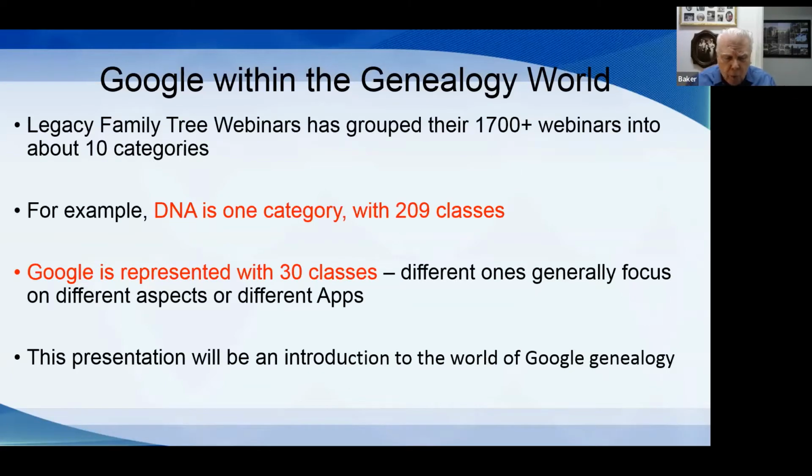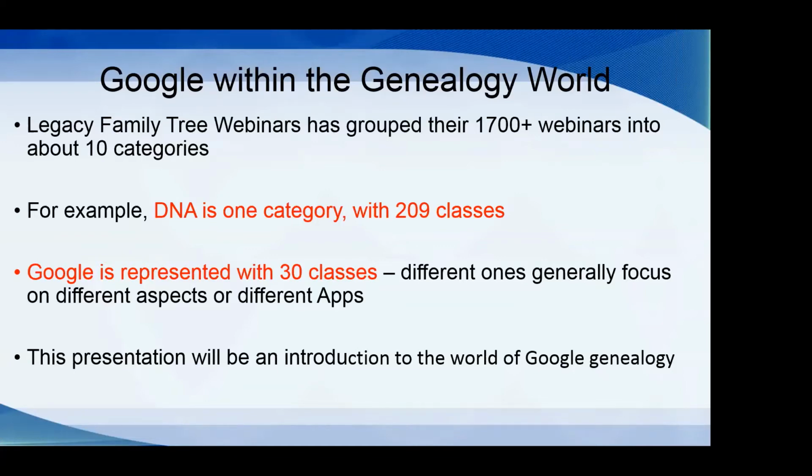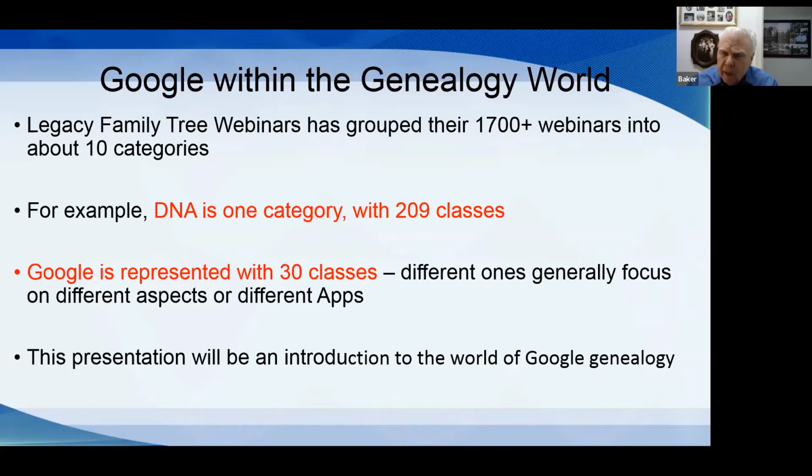Now, just to put it in context in the genealogy world, you probably know about Legacy Family Tree webinars. They're the biggest guy doing webinars. They have at latest count, I can't keep track of them all, over 1,700 webinars. They group them into different categories, like DNA has about 200 and however many.